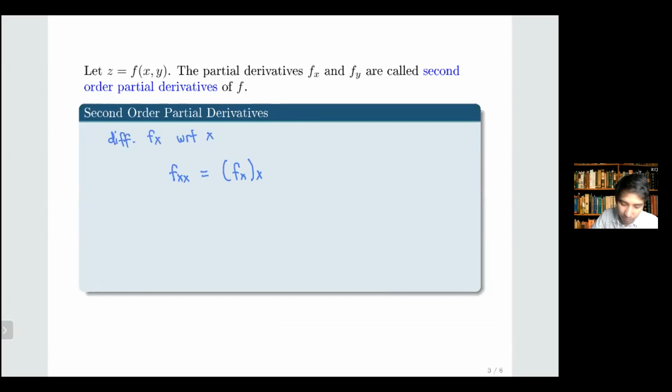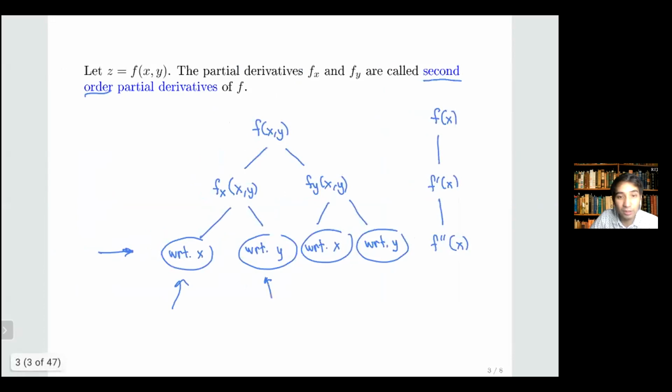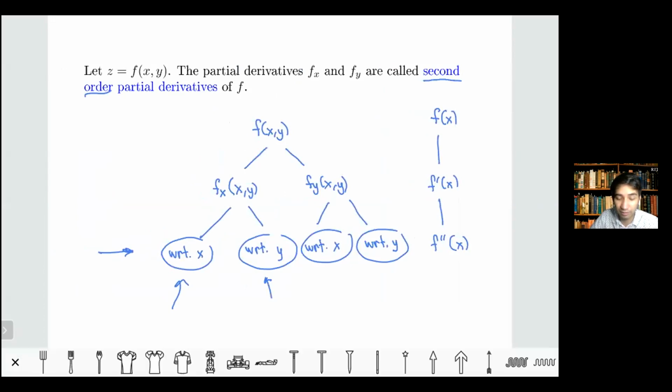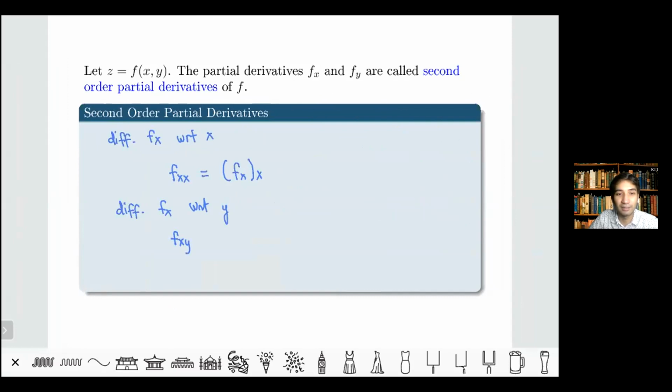So, halimbawa, paano pag gusto nyo kunin yung partial derivative? So, what if you want to differentiate fx with respect to y? Ano yung notation na yan? So, itong second order partial derivative, how would we denote that? So, yung notation natin dyan ay fxy. So, from left to right, yun yung order ng pagdi-differentiate niya. And so on.